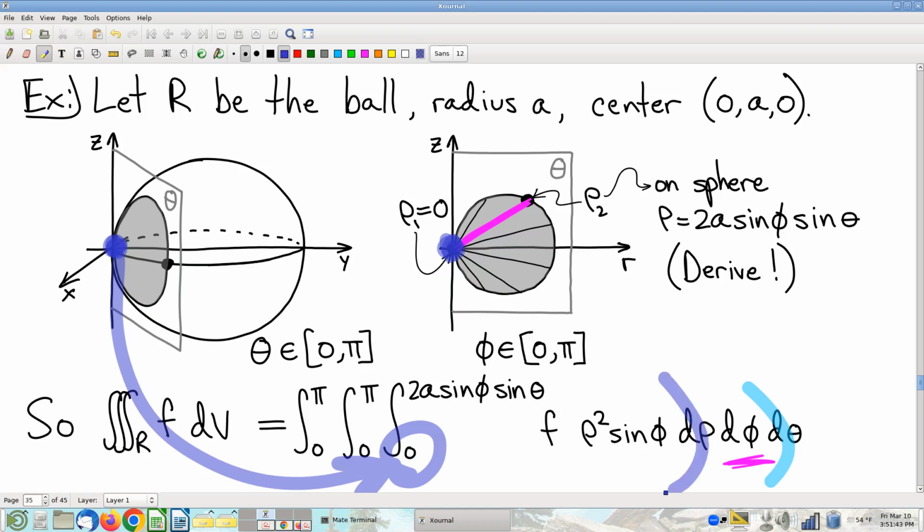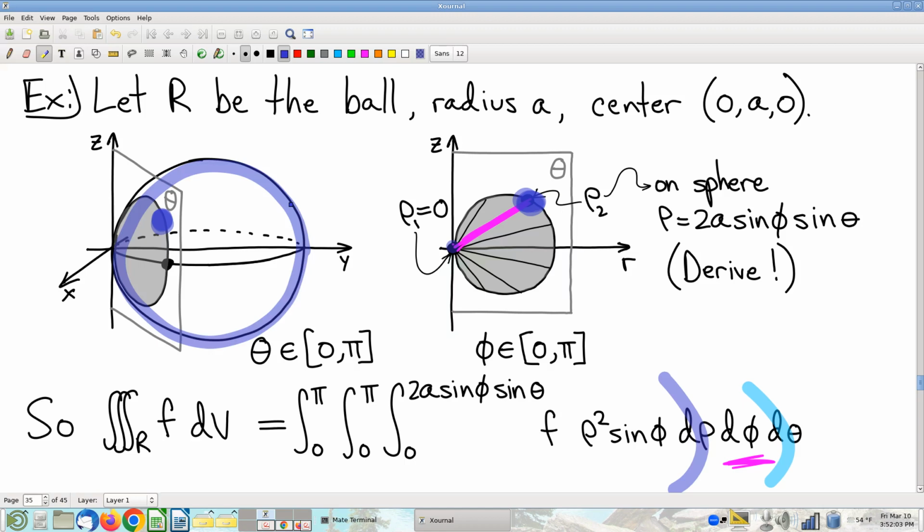Looking at our rho bounds, the last value of rho is going to happen over at this point, which of course is actually over here. It's on the boundary circle of our slice, which geometrically is actually on the sphere.